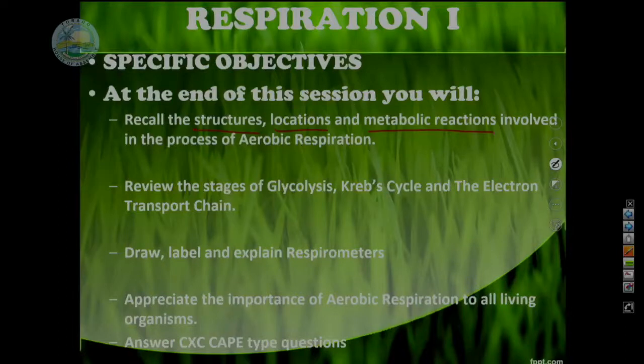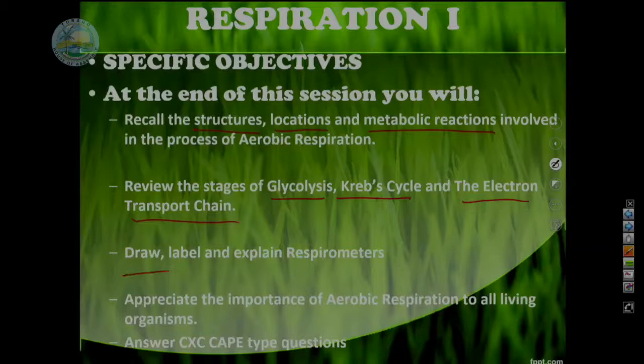Review the stages of glycolysis, the Krebs cycle, and I would add the link reaction and the electron transport chain. So go over them, make sure you understand, make sure you can explain what is happening, make sure you can justify the significance and the importance of these processes in ensuring energy is being released within this process.